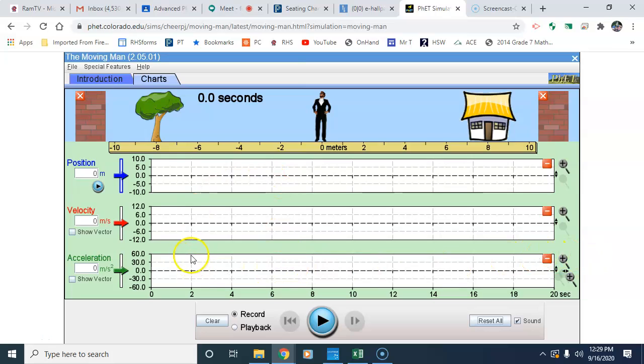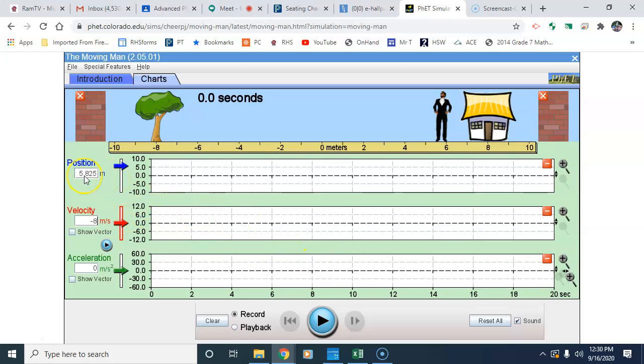So I'm going to start him not at the origin. I'm going to start him at some positive value. I'm going to clear the ground. I'm going to give him a negative velocity, say like -8, okay?